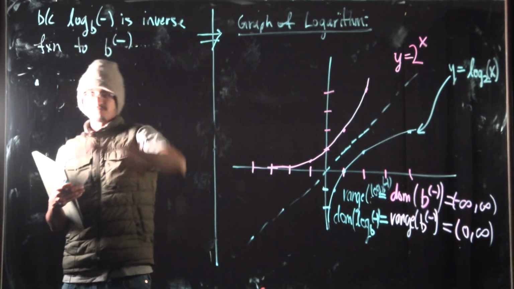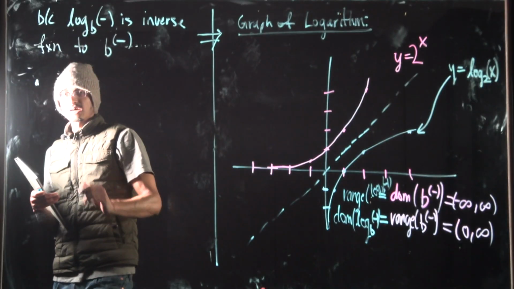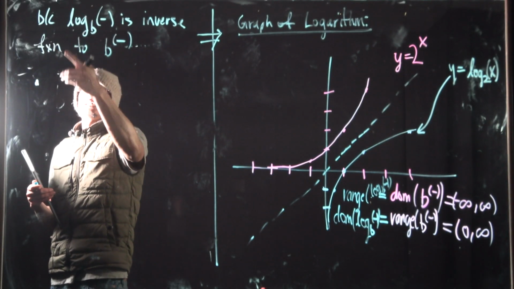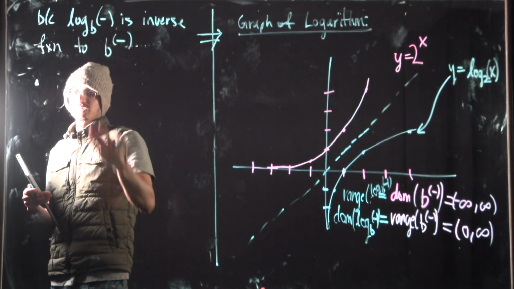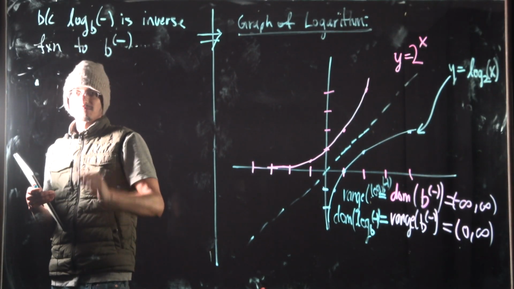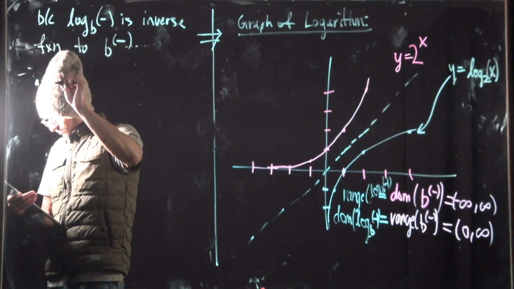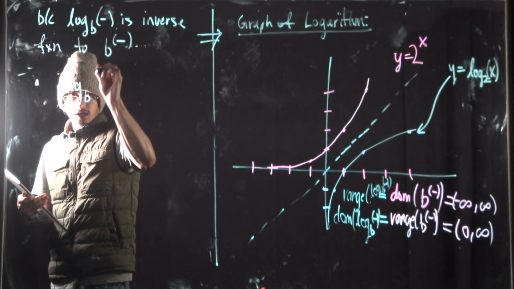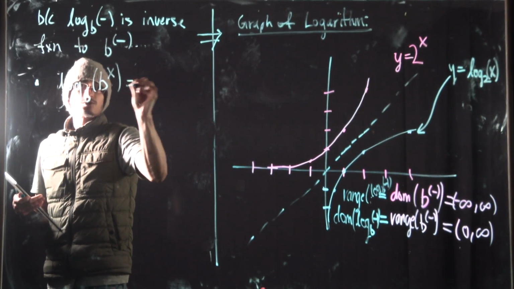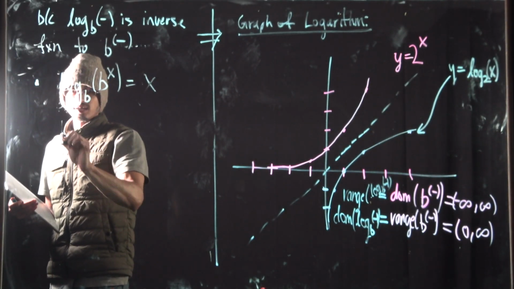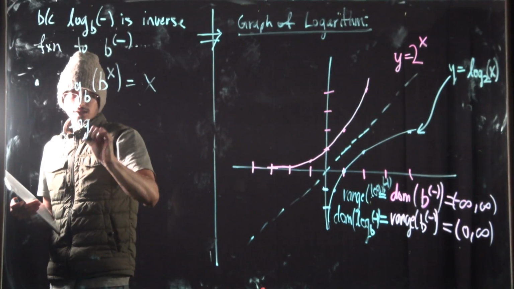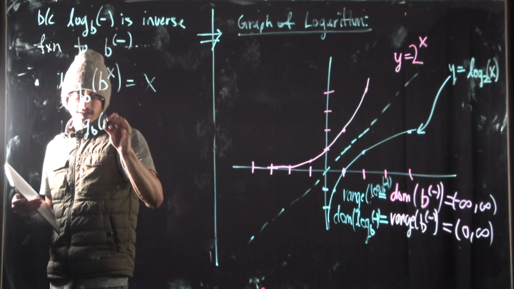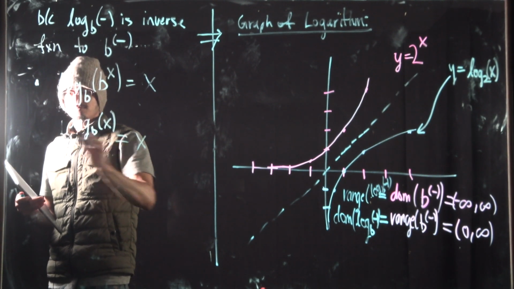The second consequence is what this is in the definition of the logarithm being the inverse of b to the power of something, which is that the logarithm base b of b to the power of x equals x, and b to the power of the logarithm base b of x equals x.